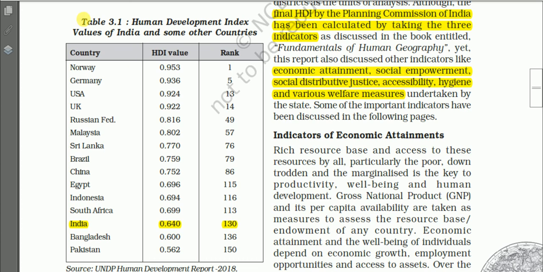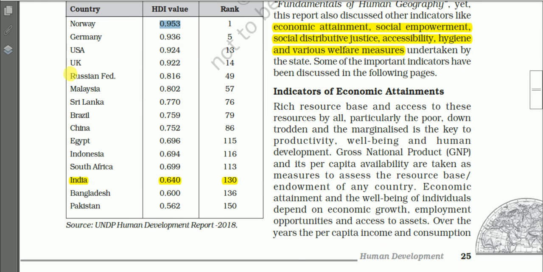And as table number 3.1 shows, the human development index of selected countries. As we learned earlier, Norway is rank 1 with a value of 0.953. Then comes Germany, USA, UK.